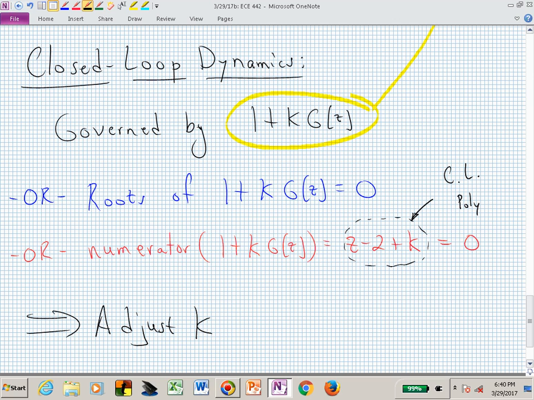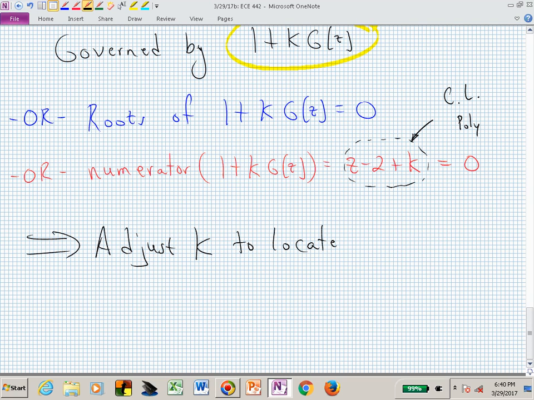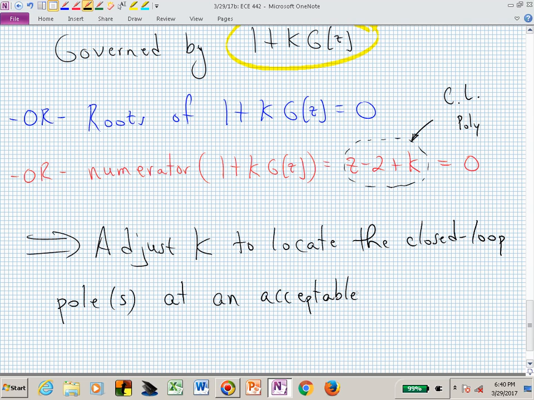We want to now adjust k to locate the closed loop poles, in this case it's just a pole, so the closed loop pole, at an acceptable location. CL is closed loop polynomial.